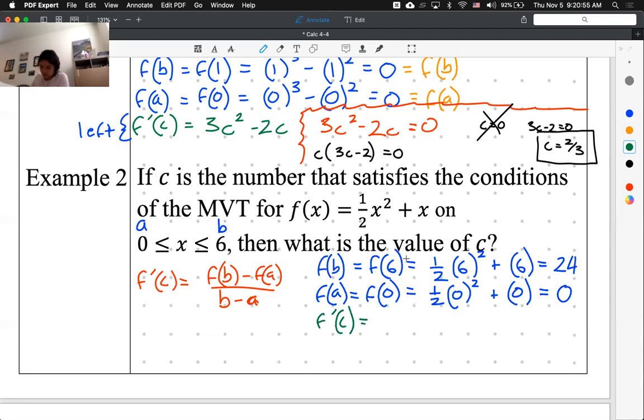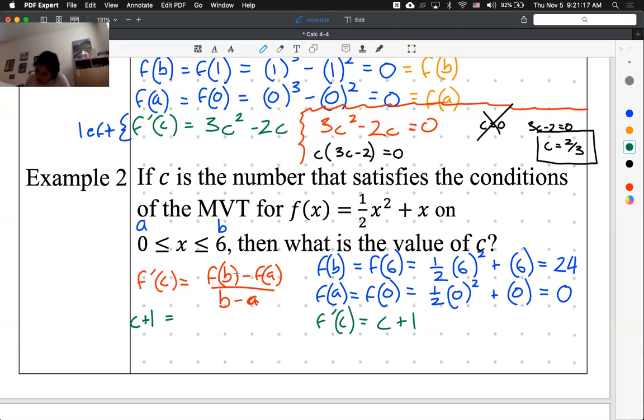Andrea, help us out. Take the derivative, plug in c. C plus 1, exactly, because the 2 comes down in front, 2 times 1/2, cancel each other out, and you're just left with x, which is substituted out for a c, and the derivative of x is just 1. So c plus 1 is our derivative, and then we can fill in everything over here. I have c plus 1 on the left-hand side.